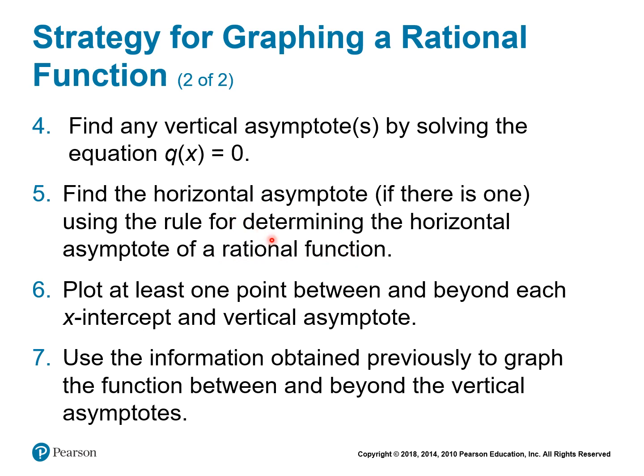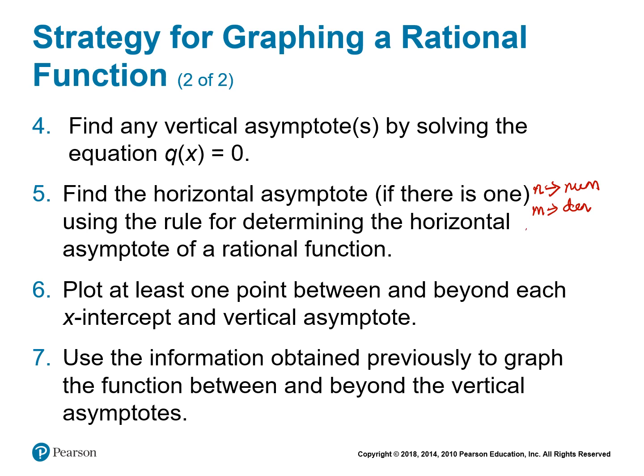In order to find the horizontal asymptote, we first have to look at the exponents of the leading terms in the numerator and the denominator. So the leading exponent in the numerator is n, and the leading exponent in the denominator is m. And then we do a comparison of their values.